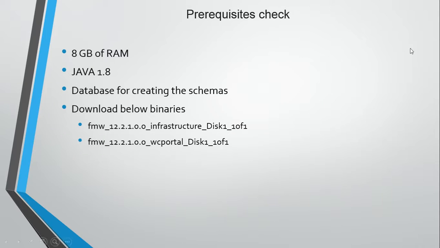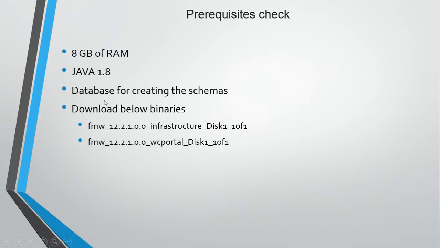Let me go to the prerequisite check. At minimum you should have 8 GB of RAM to install this WebCenter Portal product, and you should have Java 1.8, and we have to set the Java path pointing to 1.8.